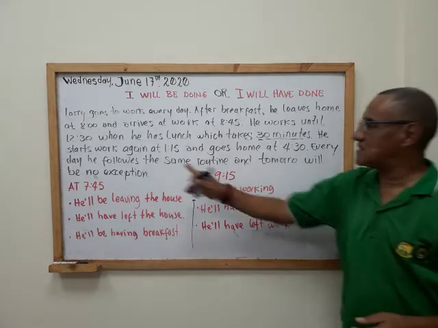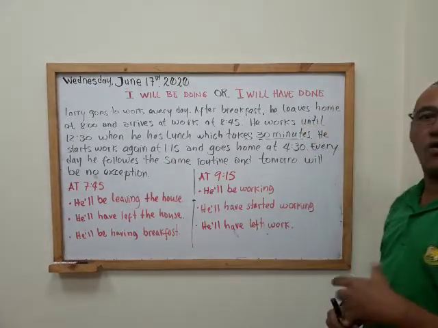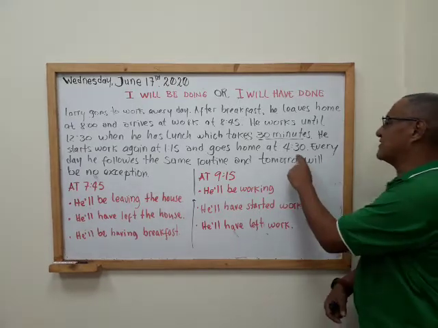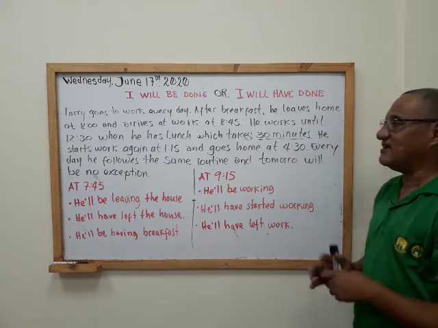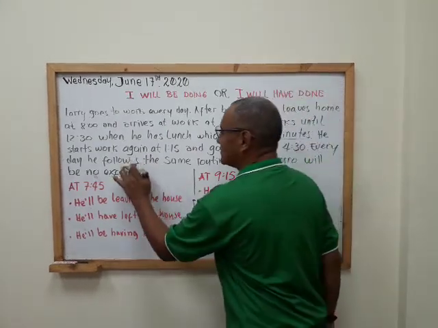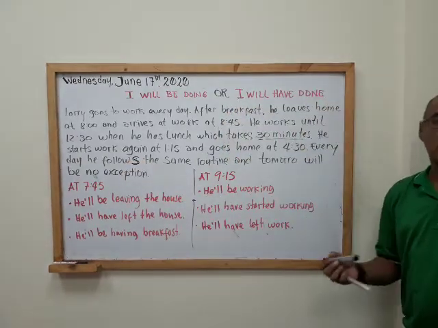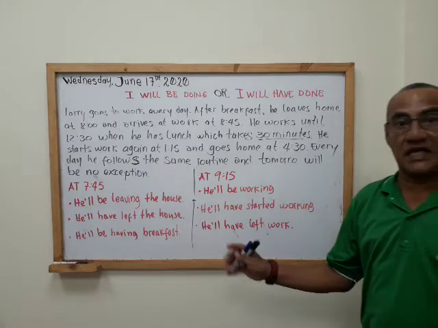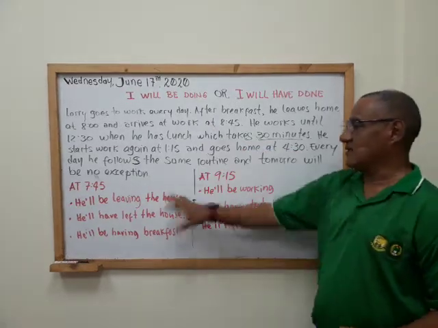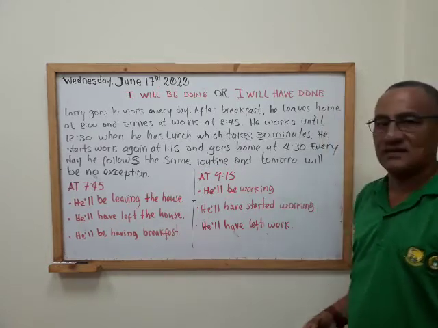Then he starts work again at 1:15 and returns to his house at 4:30. Every day, Larry follows this routine. Alright, the same routine. And tomorrow will be no exception. Then, according to this paragraph, we're going to analyze a battery of situations.